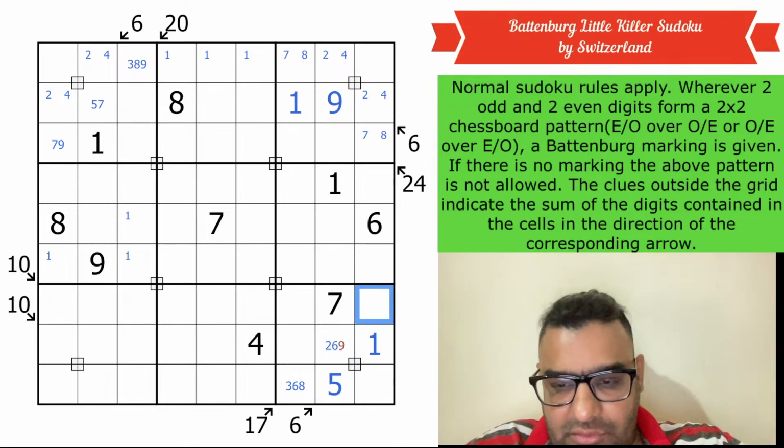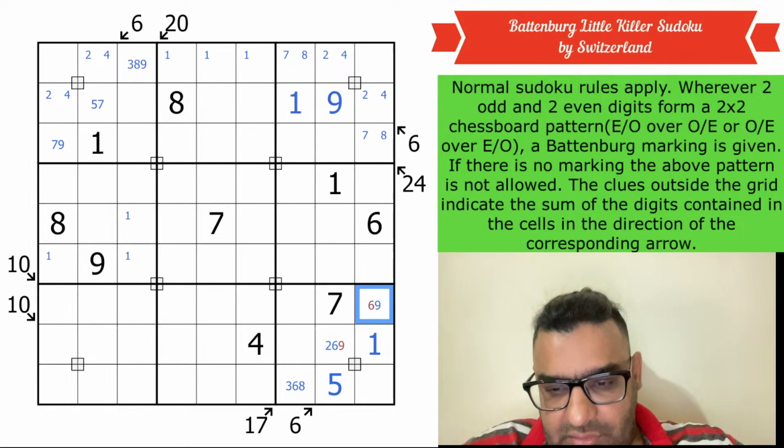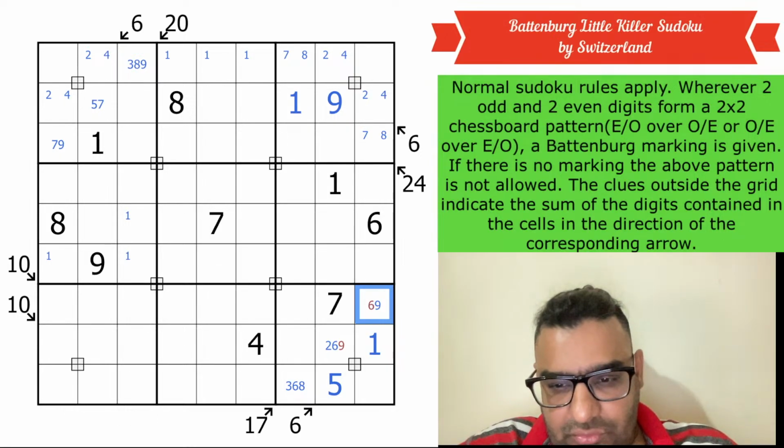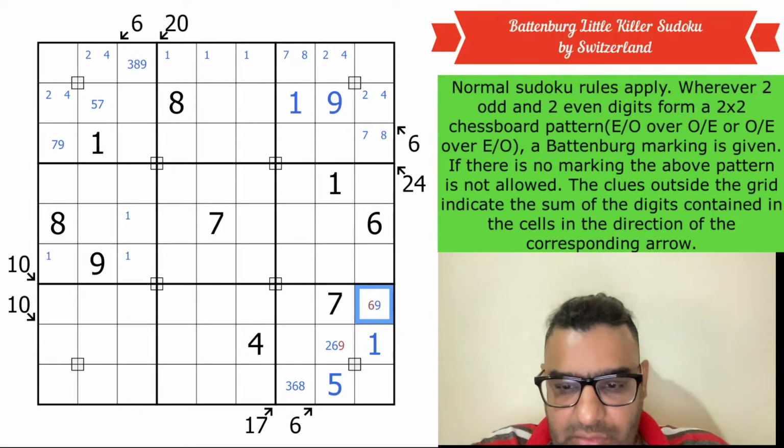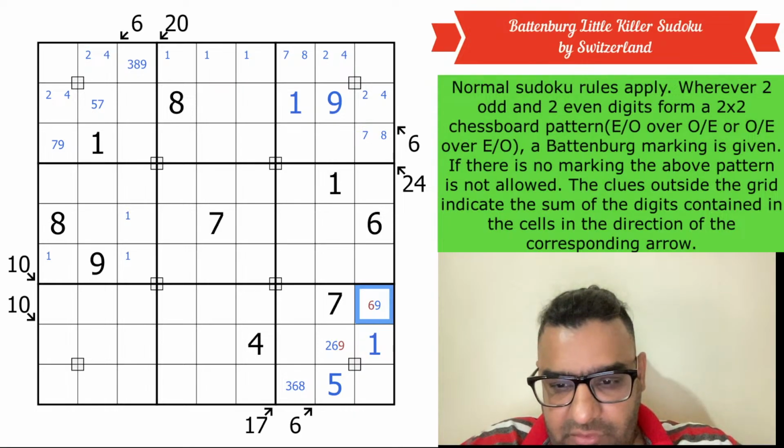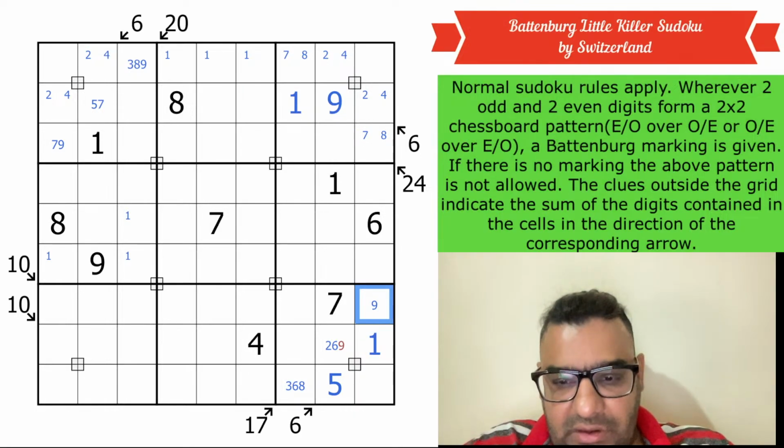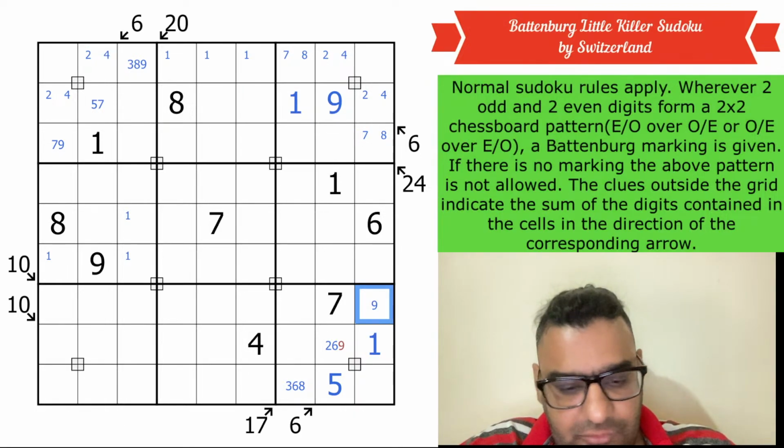So we cannot put 9 and 8. We cannot put 9, 7. If we put 9, 6, then it goes to 2. That is already written. If we go for less, then it would be 5. 5 is already there. We cannot put a 5.